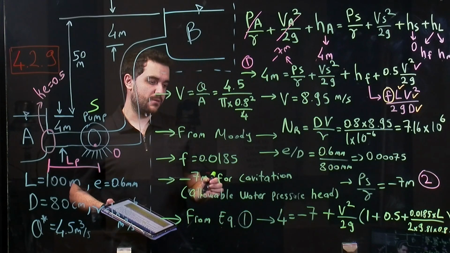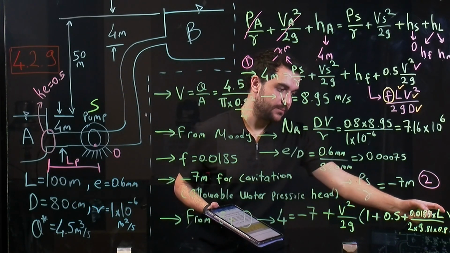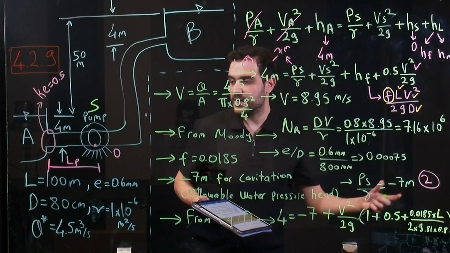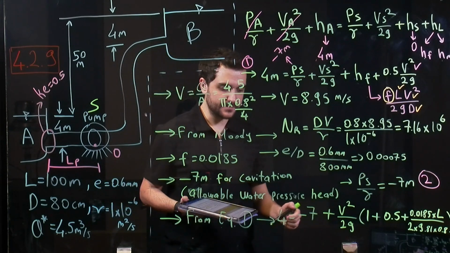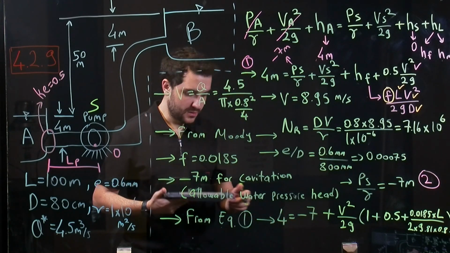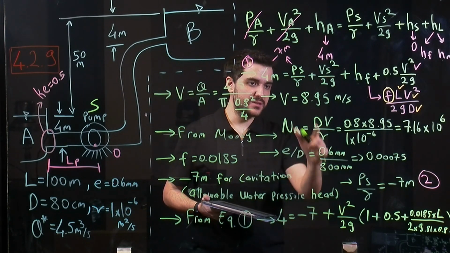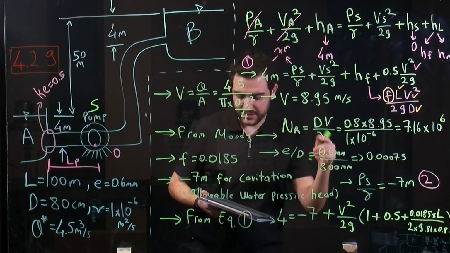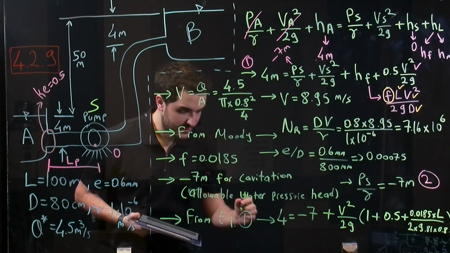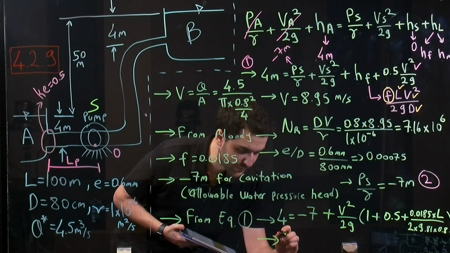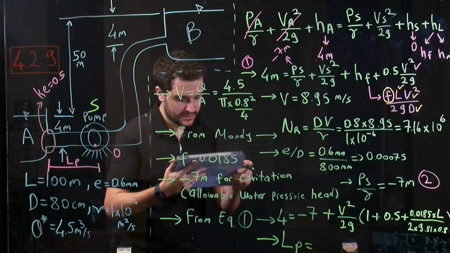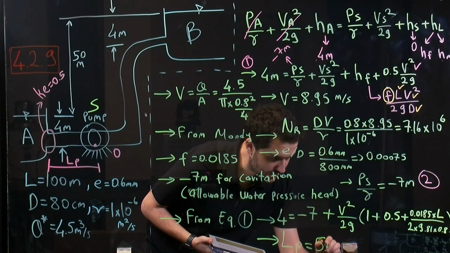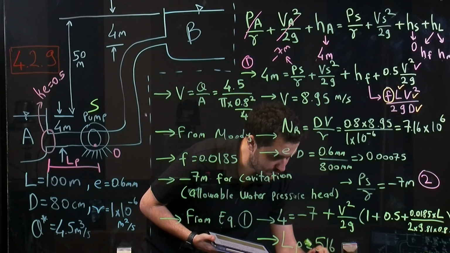So now we have everything to find the value here, which is maximum length from point A to suction side of the pipe. And we also know the velocity here, which was 8.95 meter per second. So from here, L will be 51.6 meters.